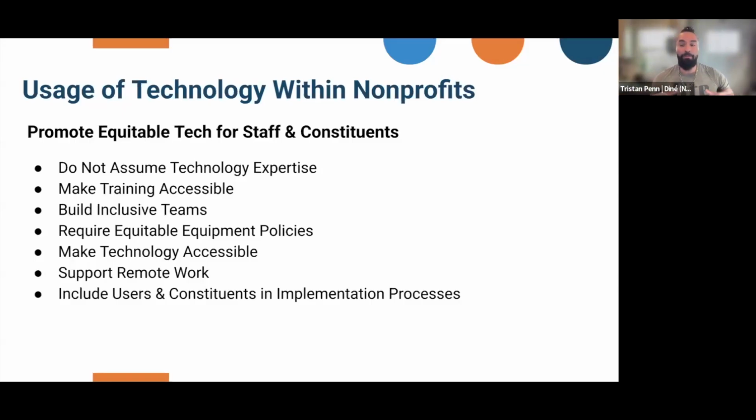So making sure that you're providing them with a great foundation, not only in the training, but also in how you show up when they walk through the door on day one. So what does that mean? That means not assuming any technology expertise. And that may mean walking back a few things and not assuming that folks know how to use a Gmail account, or know how to use Google Calendars or Microsoft Teams.